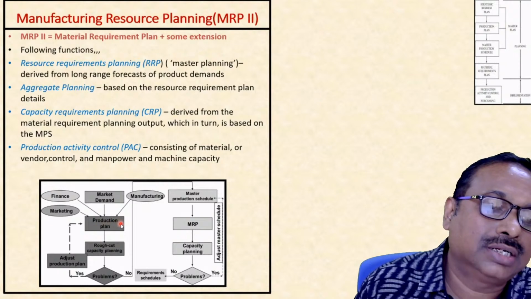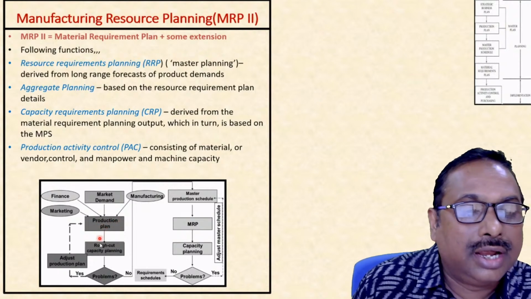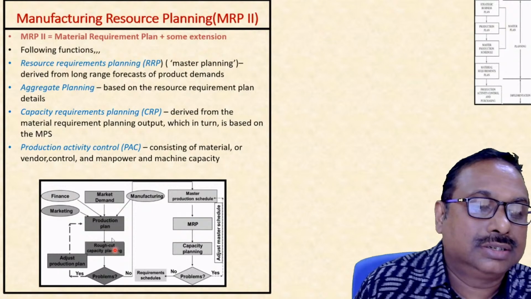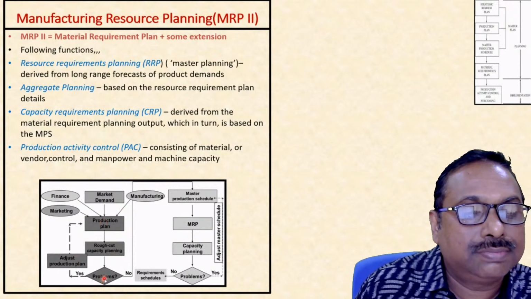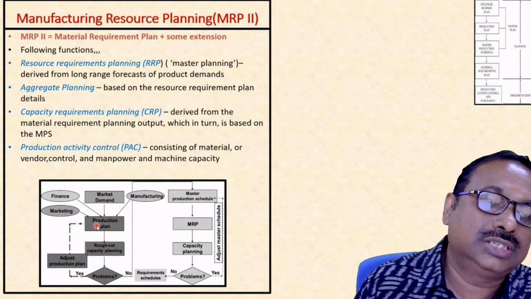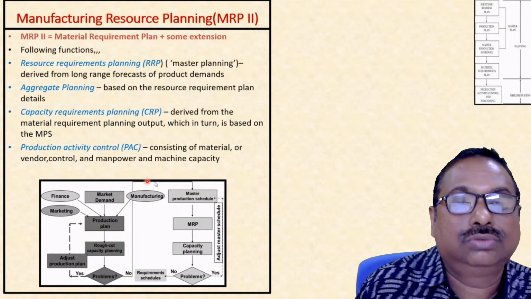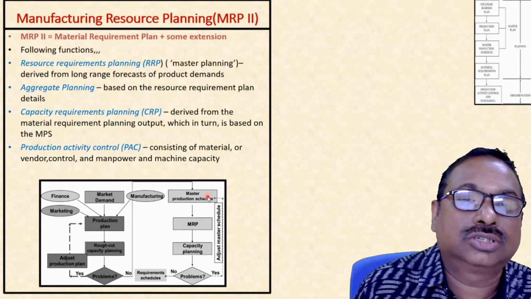Then the capacity plan adjusts the plan. If there is a problem, you change the plan again. If there is no problem, you make the master production schedule.